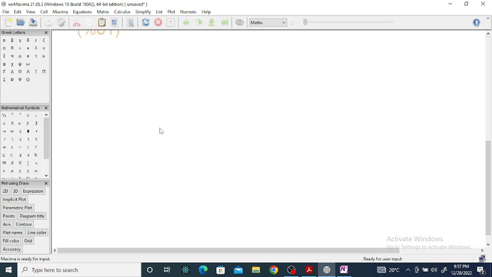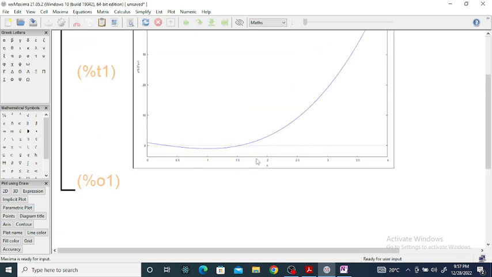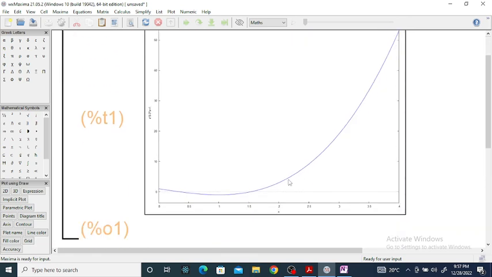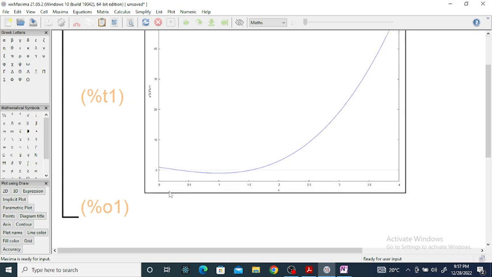If you maximize this graph, you can see one root lies between 0 and 1, and there is one more root which lies between 1 and 2.